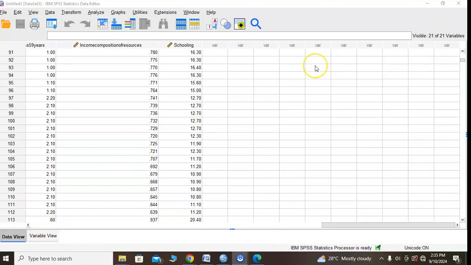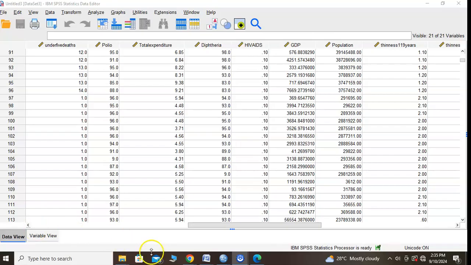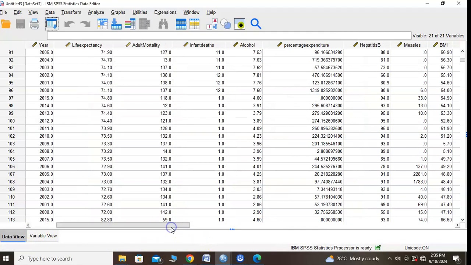And in the simulated results, in scenario 1, where GDP increased by 10%, the model predicted a 2-year increase in life expectancy for countries with lower GDP values.